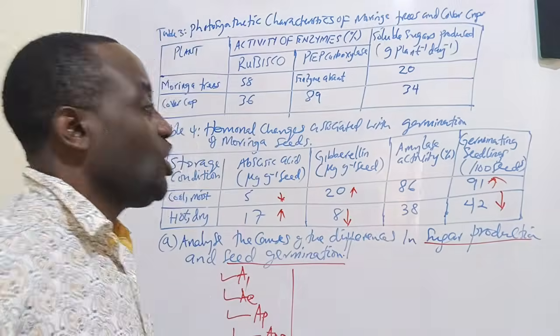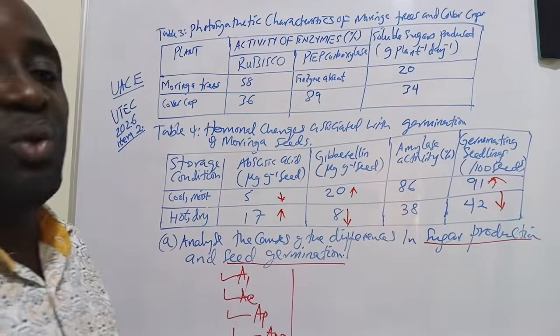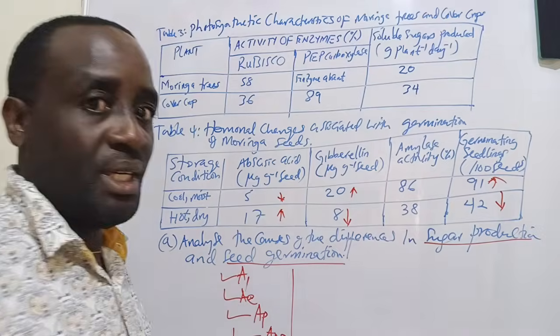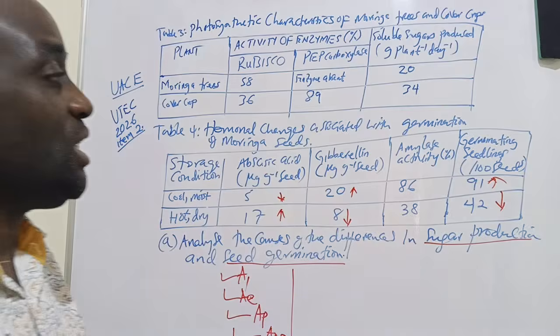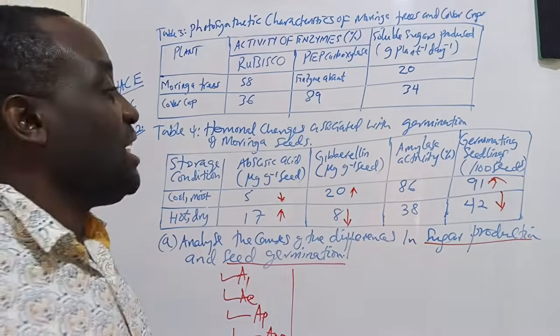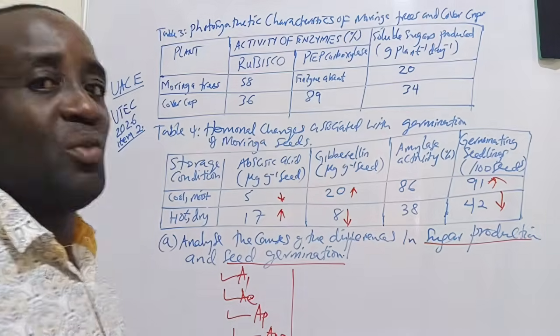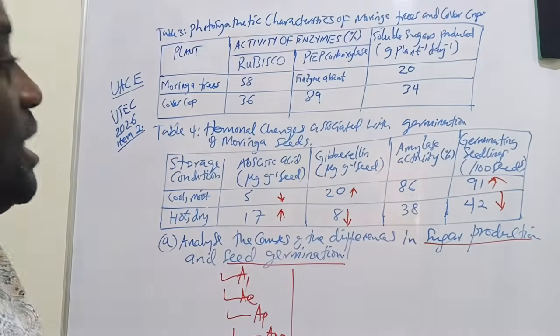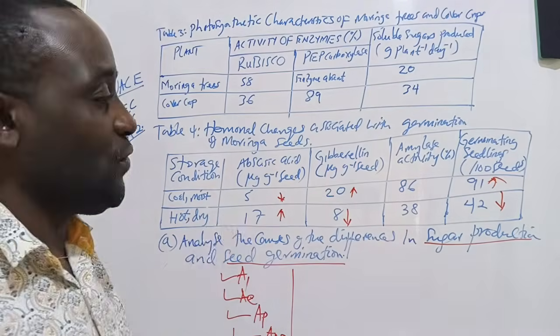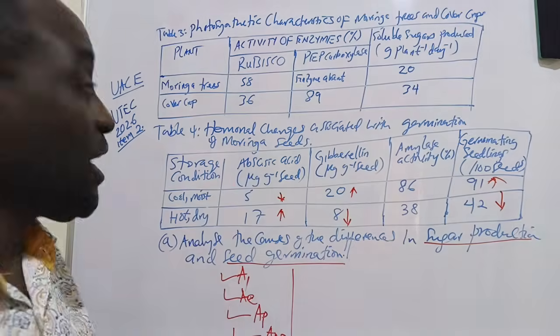Now, of course, learners around the country will write different answers. I'm just giving you a possible way of responding to these items. Don't be locked up to such kind of a response, but I'm giving you a clue. Now, the deeper explanation you give, the more scores you get.